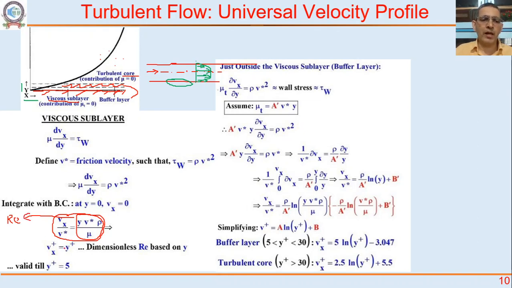So we are going to call this dimensionless velocity Vx plus, and this dimensionless distance y we are going to call y plus. So our velocity profile in the laminar sublayer, or viscous sublayer, is Vx plus equal to y plus, and experimentally it is observed that this is valid till a y plus of 5.